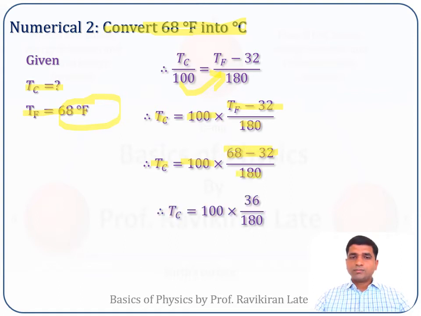If you further simplify, this will be 100 into 36 divided by 180. 36 divided by 180 is 0.2, into 100. So that is nothing but 20 degree Celsius. So 68 degree Fahrenheit on the Celsius scale is nothing but 20 degree Celsius.